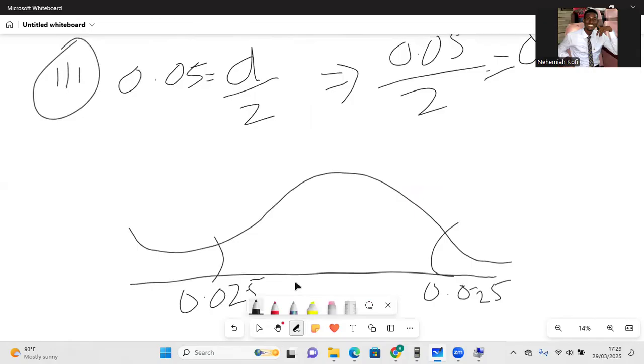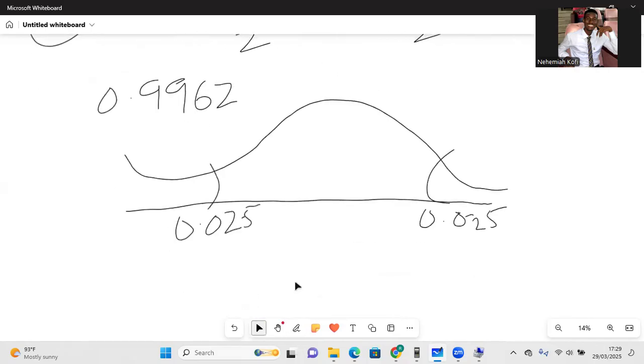So you see that the Z is different as compared to the T and the F and the likes, right? So you have to take key note of this, right? So this is 0.9962, and it is around this side.